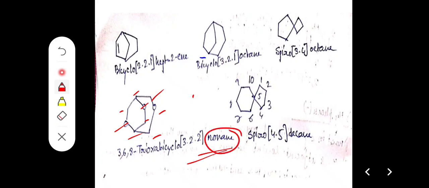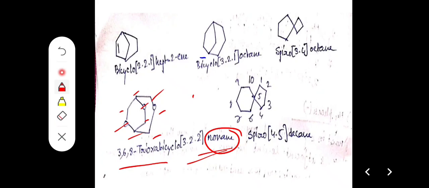Here we also consider the number of oxygen atoms, because an oxygen atom is nothing but a replacement of CH2. So the sum of the number of oxygen atoms and carbon atoms is equal to 9, so overall the whole ring system is a nonene structure. This is also a bicyclic structure, and there should be trioxa because positions 3, 6, 8 have oxygen atoms.